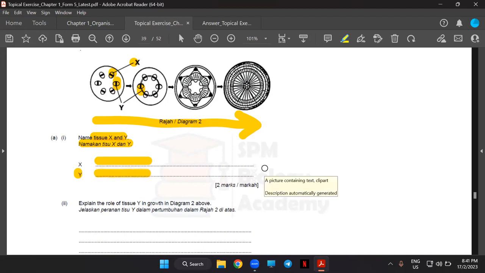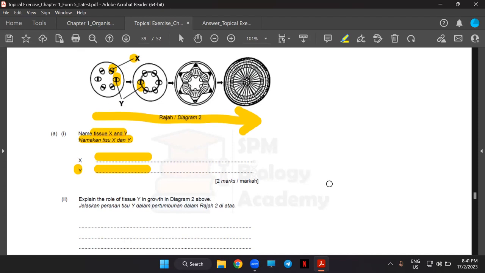Cambium vascular. Ataupun you just write cambium pun boleh. Tulis cambium saja pun boleh. Yeah, no problem. Okay. Ataupun kamu nak tulis lateral meristem. Meristem lateral pun boleh. No problem. Tapi to be more specific, vascular cambium. Cambium vascular. Yeah.